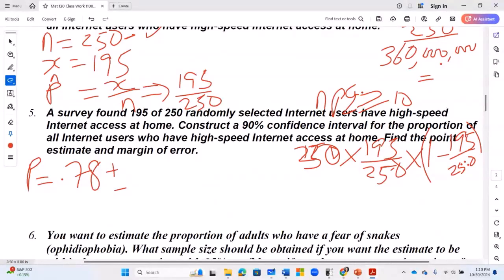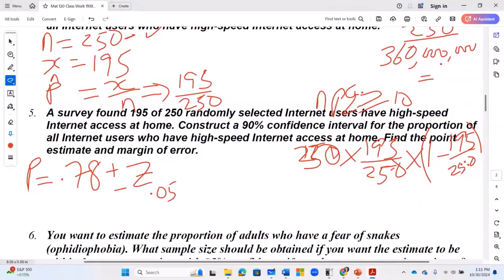The confidence level is 90%, therefore the area to the left is 5%, or z.05, because 100 minus 90% is 10, and 10 divided by 2 tails is 0.05, so 5%.